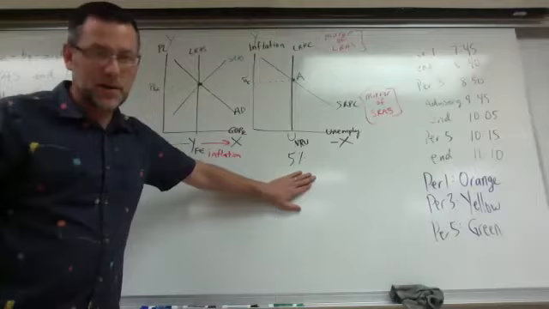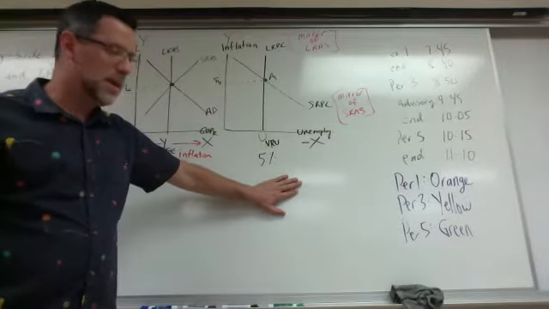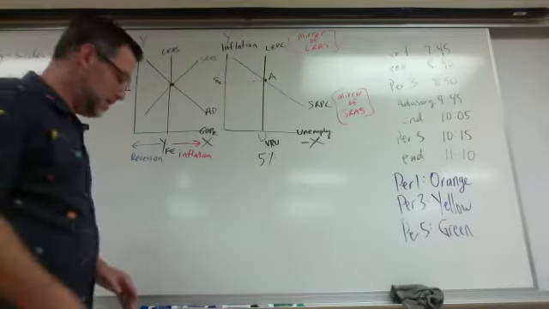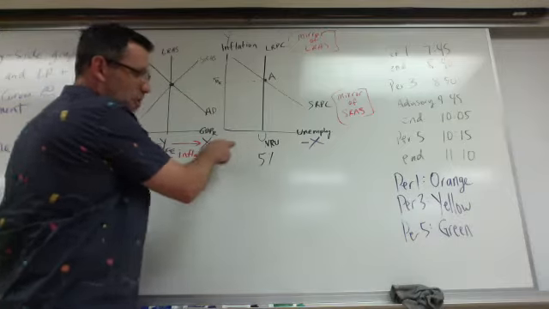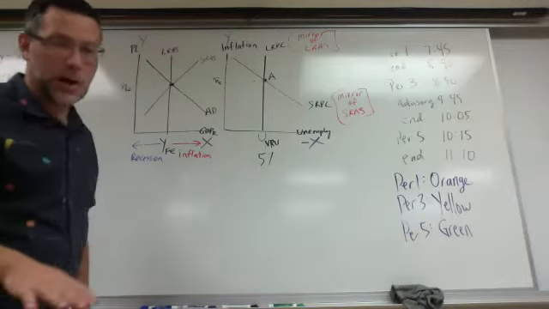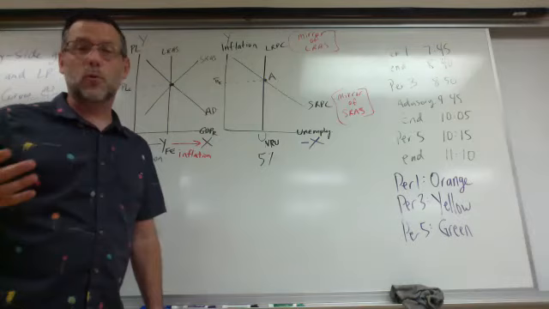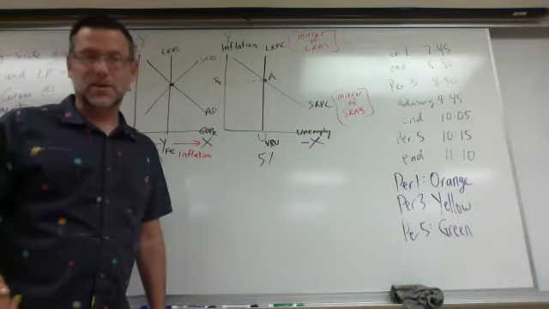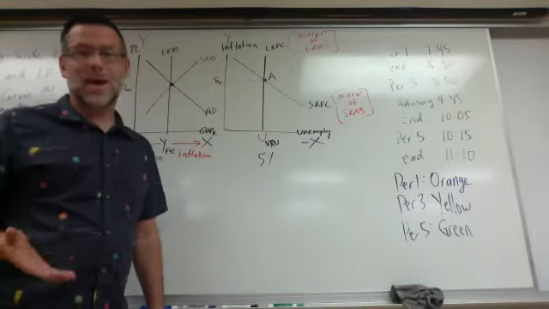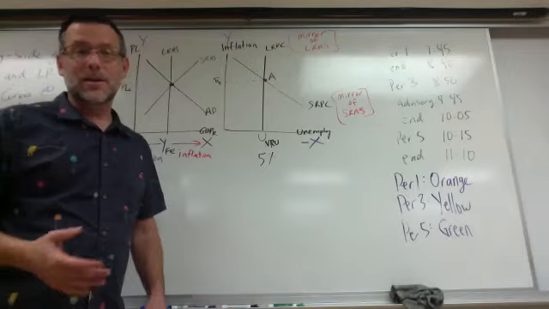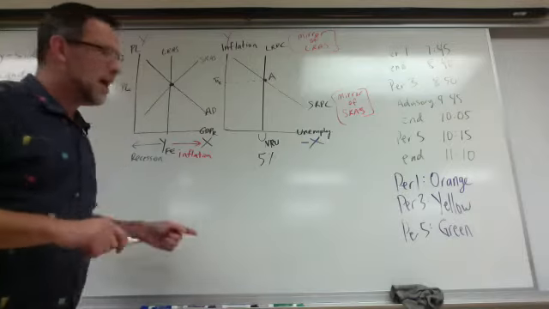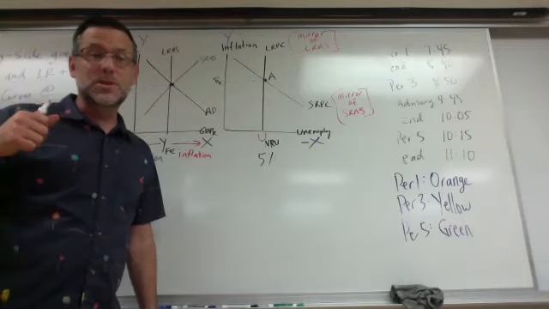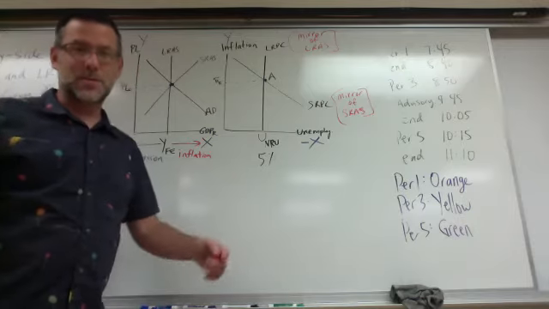We can come over here to this graph and do the same thing. What would happen if I had an unemployment rate below 5, a low unemployment rate? If we have a really low unemployment rate, 3% or something like that, that means we have a really hot economy, with a lot of demand for workers. So we're probably producing at an unsustainable level. The economy's too hot.